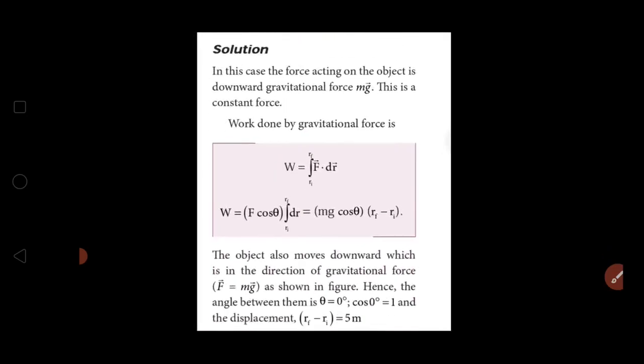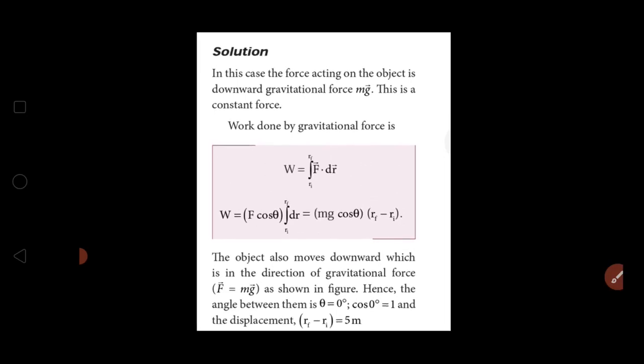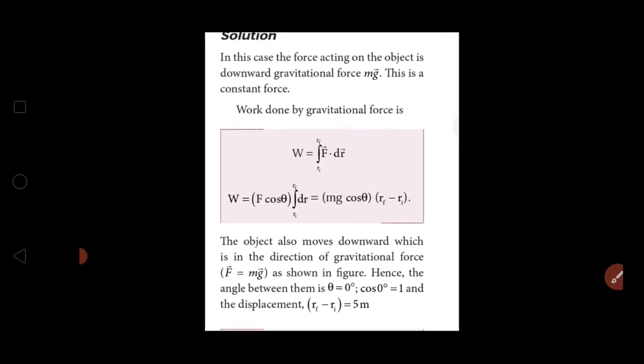Solution: in this case the force acting on the object is downward. The downward force is the gravitational force mg, and this is a constant force. The work done by the gravitational force is the integration from Ri to Rf of F dot dr, where F cos theta and dr are what change. Taking the lower limit as Ri and upper limit as Rf, F is the gravitational force mg, so W is equal to mg cos theta times (Rf minus Ri).